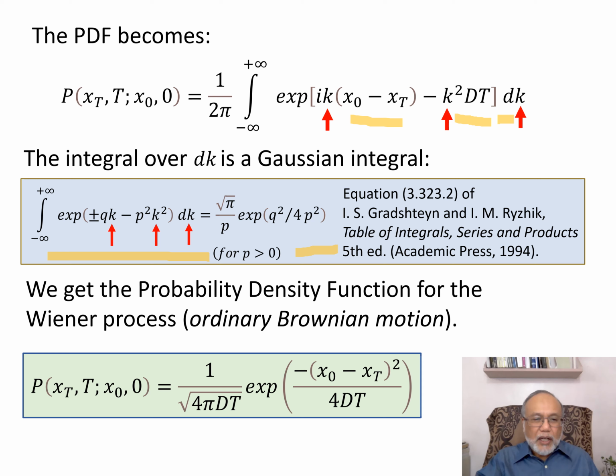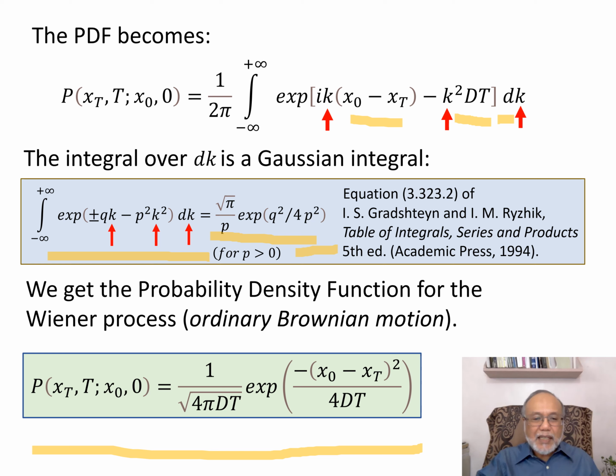That would be your q and your p squared. And by identification, the answer should look like this. And so your probability density function using the Gaussian integral would come out to be like this. You can sit down and do it with paper and pen, and it's a quick calculation with help from the table of integrals.